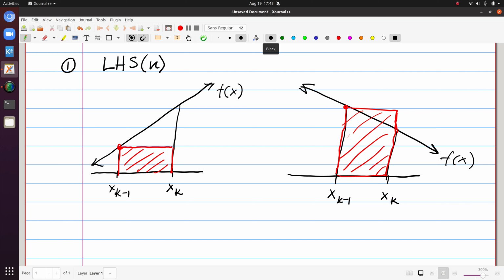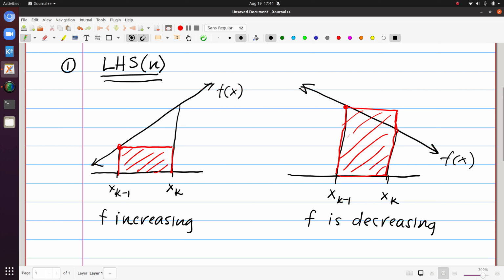So in this instance over here, the key feature is f is increasing. Here, f is decreasing. And again, what I'm drawing here are left-hand sums.